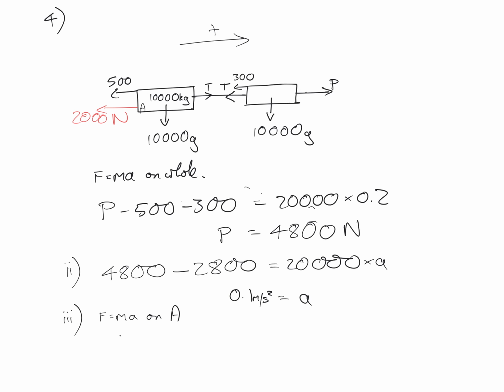So forward we've got the T, backwards we've got 2500 equals the mass of the single truck times the acceleration of the single truck. So T equals 3500 newtons. Okay, it doesn't ask us, but that's in tension.